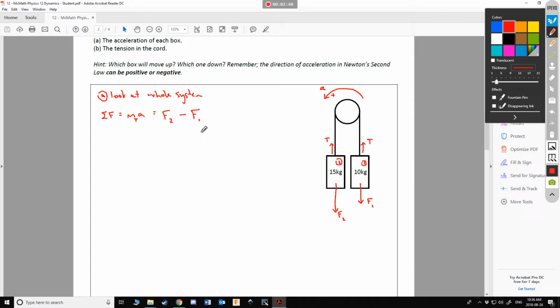One other thing to note is the tension forces are also in play. So I have plus T, because the right tension force is in the clockwise direction, but there is a tension force in the opposite direction as well. When we look at the whole system, we can ignore those equal and opposite contact forces. These actually just cancel each other out. We're left with M_T a equals F2 minus F1.